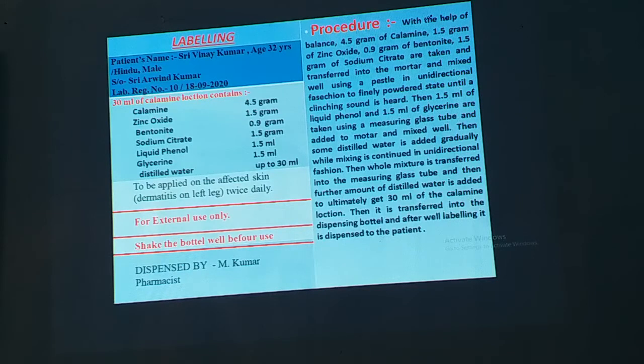Now coming to the next part, that is procedure. So today's experiment is to prescribe, prepare and dispense. So during procedure we will describe how we will prepare the calamine lotion.